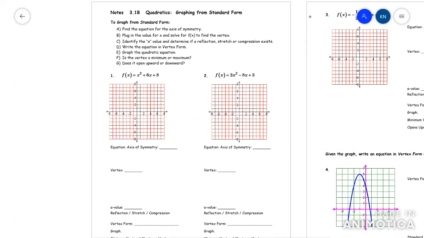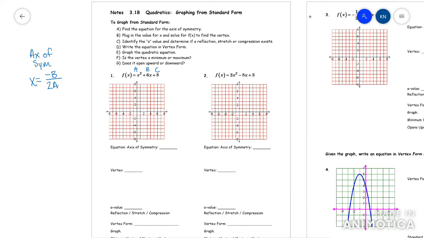In order to do this, there's an equation. It goes like this. X equals -b over 2a. So you have to look at this equation, know what your A, B, C is, and then plug it into this equation for axis of symmetry.